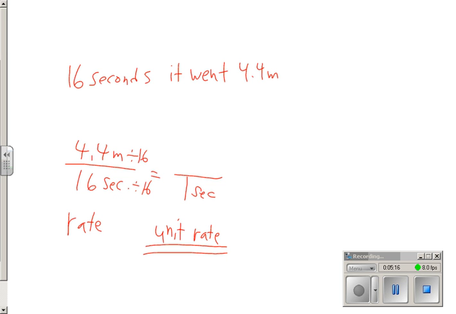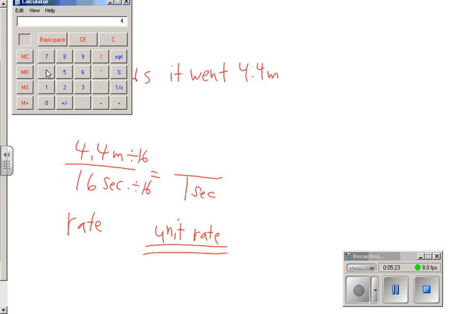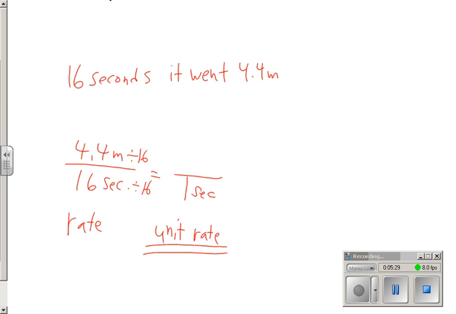If it went 4.4 meters in 16 seconds, I can quite easily figure out how far it went in 1 second. If I take my calculator and go 4.4 divided by 16, it tells me it was 0.275 meters per second. Therefore, that is the average.